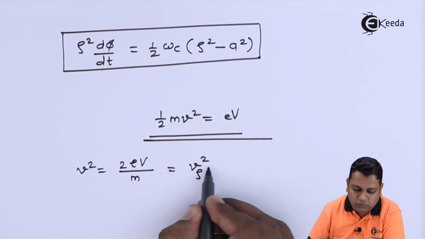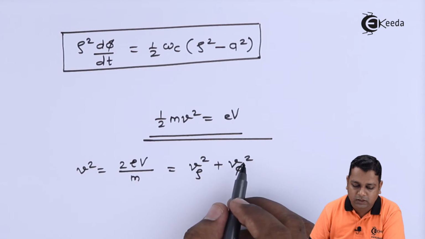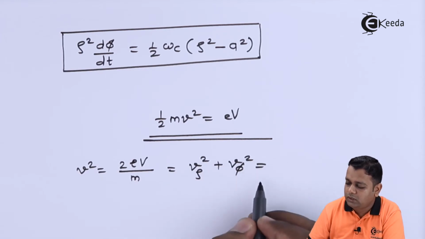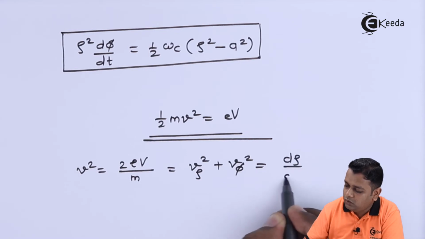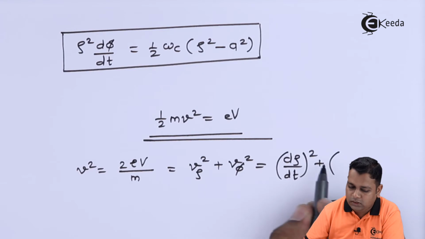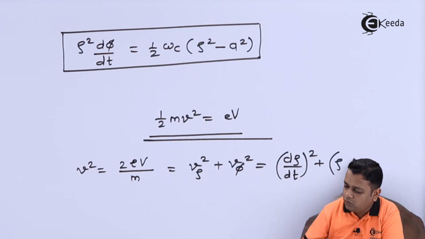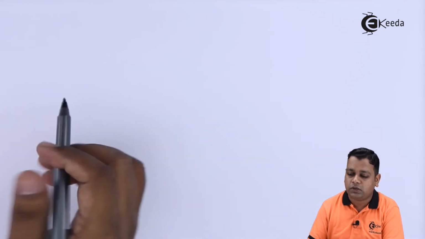So v rho square plus v phi square, which can be expressed in terms of d rho by dt bracket square added with rho into d phi by dt bracket square.